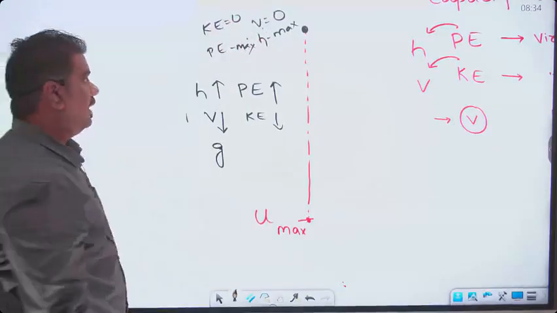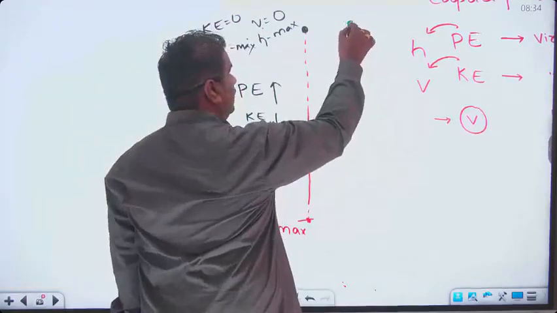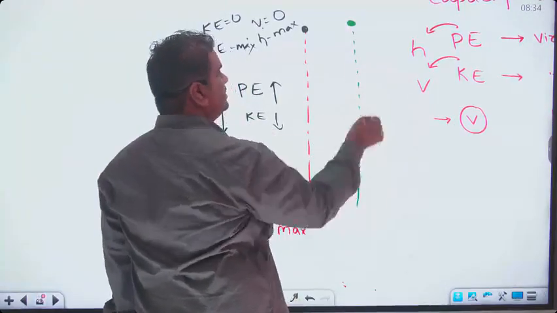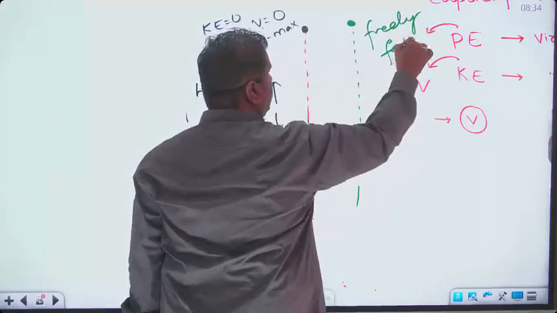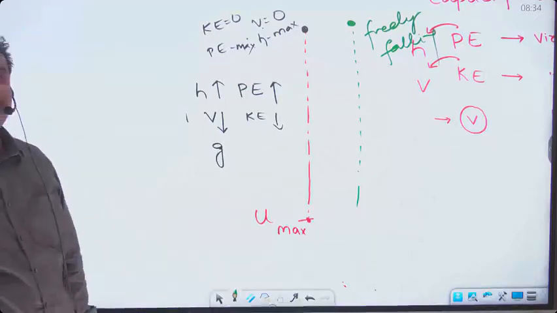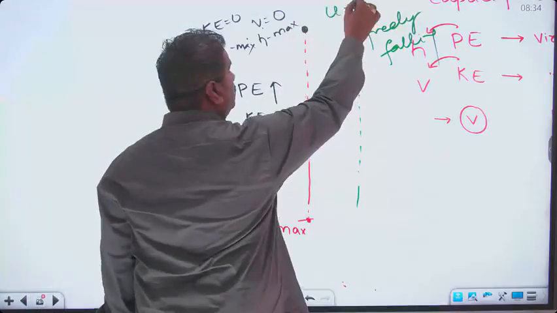At the same time, now the same object, when it is moving in the downward direction, downward direction లో కదులుతున్నప్పుడు, now in this case we say that this is a freely falling object అని అంటాం. స్వేచ్ఛగా పతనం చెందిన వస్తువు అని అంటాం, ఫ్రీలీ ఫాలింగ్ ఆబ్జెక్ట్ అంటాం. మరి ఫ్రీలీ ఫాలింగ్ ఆబ్జెక్ట్ కి what is the value of u?